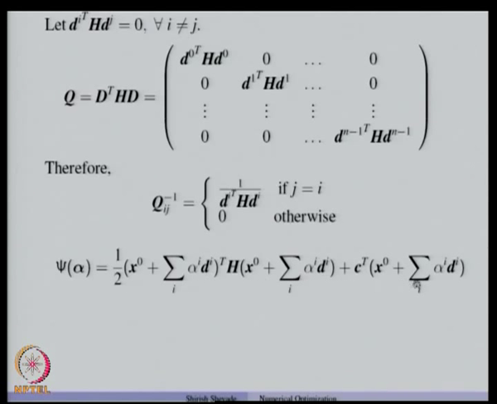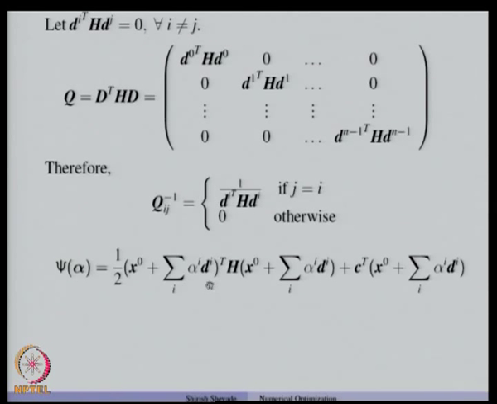So, this was our initial objective function, and now with this condition that Di transpose H Dj equal to 0, the terms involving Di transpose H Dj become 0 in this product, and what we get finally is the terms involving only Di transpose H Di, i going from 0 to n minus 1.